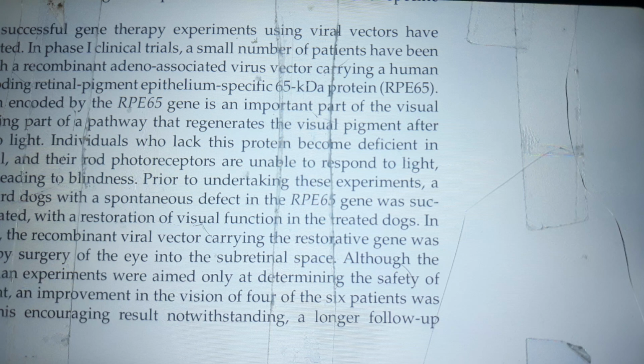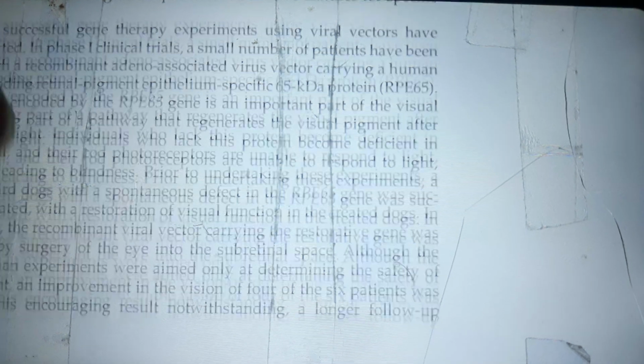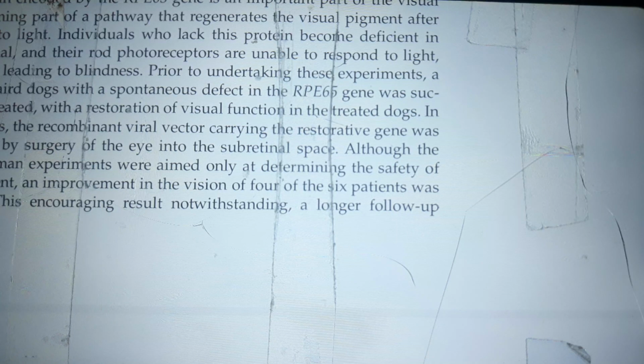The protein encoded by the RPE65 gene is an important part of the visual cycle, forming part of a pathway that regenerates the visual pigment after exposure to light. Individuals who lack this protein become deficient in 11-cis retinal, and their rod photoreceptors are unable to respond to light, eventually leading to blindness.